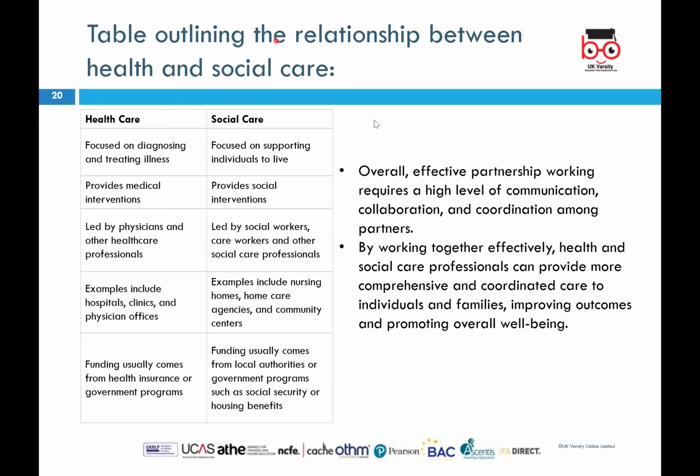So overall, effective partnership working requires a high level of communication, collaboration, and coordination among partners. By working together effectively, health and social care professionals can provide more comprehensive and coordinated care. So these were the references.